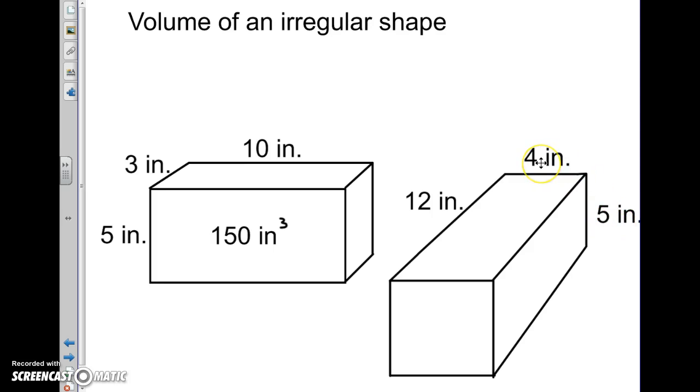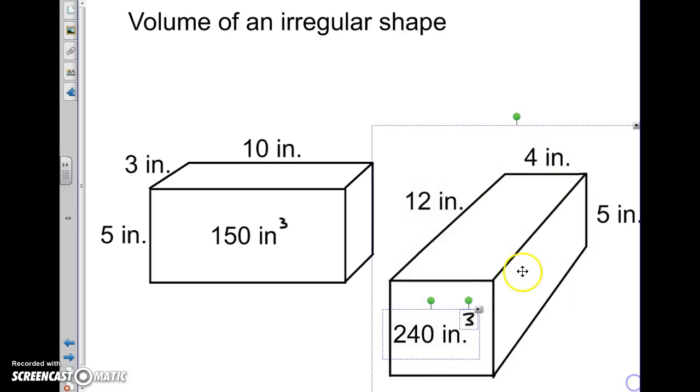So I'm going to do 5 times 4, which is 20. 20 times 12, well, I know 10 times 12 is 120, so 20 times 12 would be twice as much of that, so it's going to be 240 inches. Move this over a little bit over here. And again, we need to label it correctly. It's cubed because we're measuring volume. And then I'm going to put all those together.